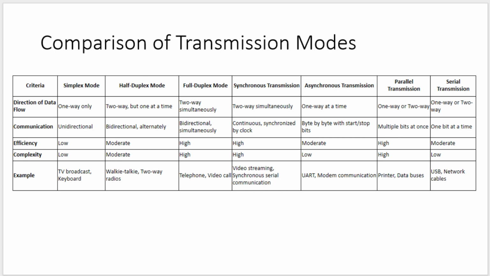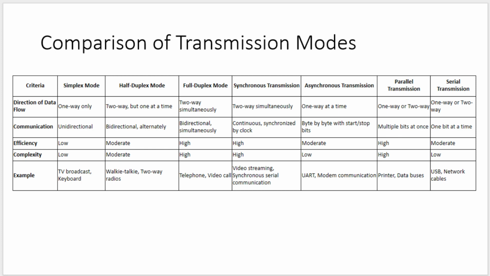For efficiency, simplex mode is low, half-duplex moderate, full-duplex high, synchronous high, asynchronous moderate, parallel high, and serial moderate. For complexity, simplex is low, half-duplex moderate, full-duplex high, synchronous high and asynchronous low, and parallel high and serial low.